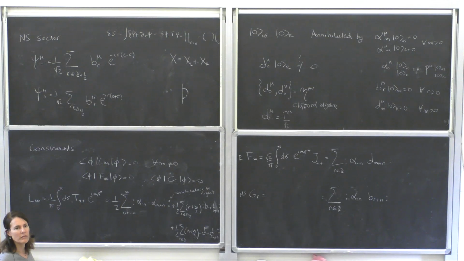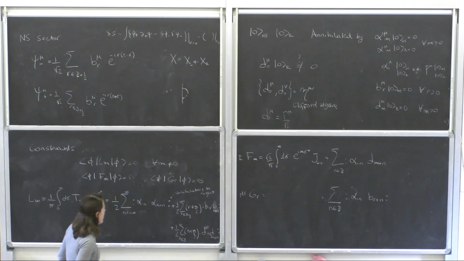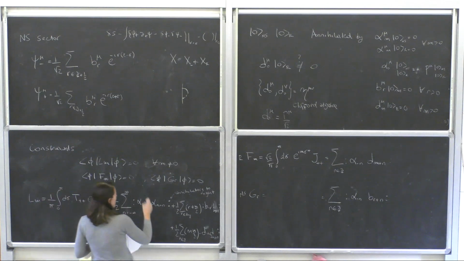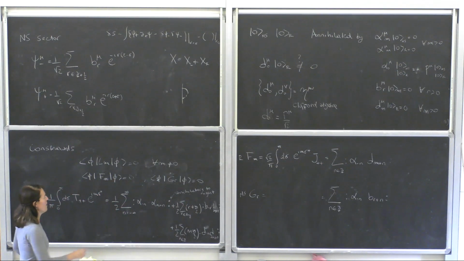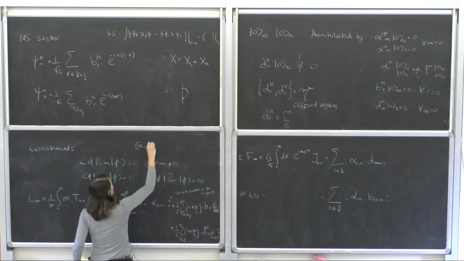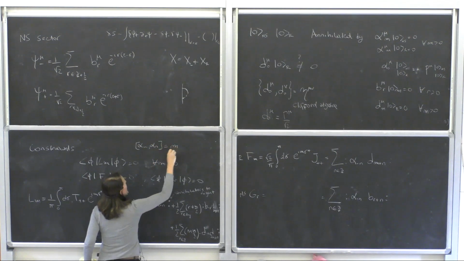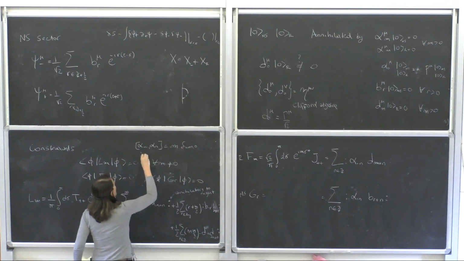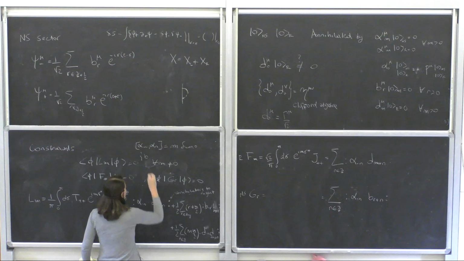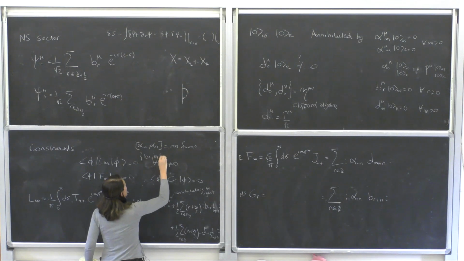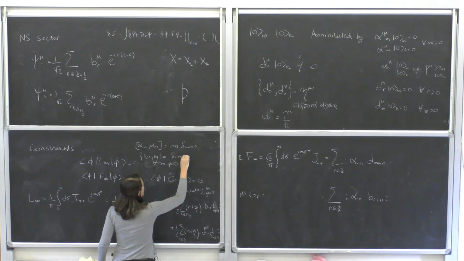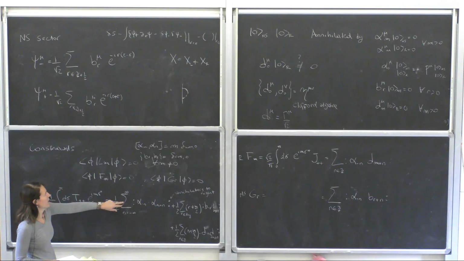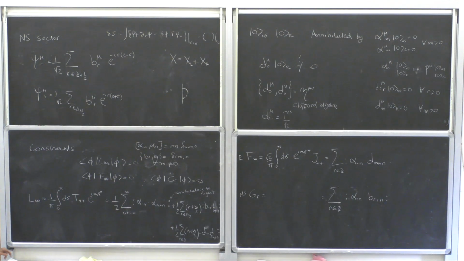Why do you write n plus m over 2? Here, yeah, because this is the right thing that will count the oscillator number. The alpha m and alpha n have a delta m plus n, 0, while the b's have a delta r plus s, 0. So that's why in one case you don't get d m, and in the other case you do.